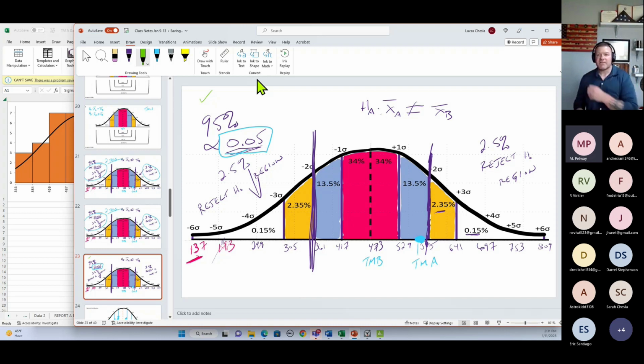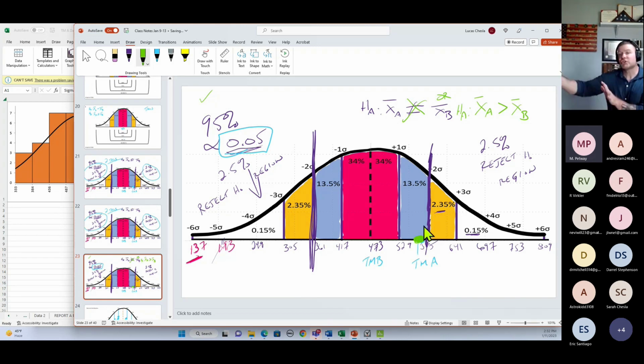So we have now in this case though, let's say we scratch this and we say team A is greater than team B. And that's our alternate hypothesis. This is a different test, right? It's asking, is team A greater than team B?